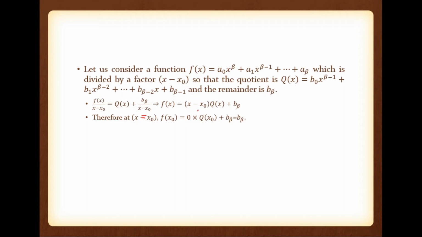So at x equal to x0, f of x0 is equal to b beta. This is the remainder theorem, and this is the first remainder because we are finding the first remainder value.